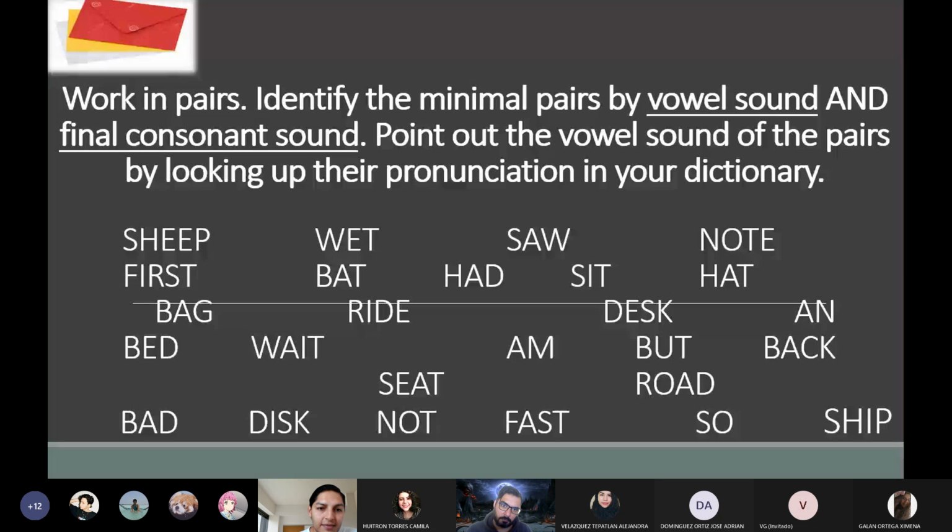And wait is a verb, right? This is an adjective. This is a verb. Wait is to stay for a period of time for something to happen or for somebody to arrive. Very well. Vowel sound.